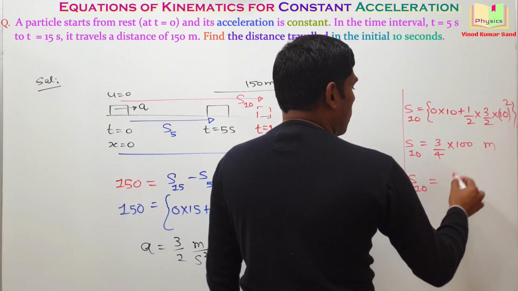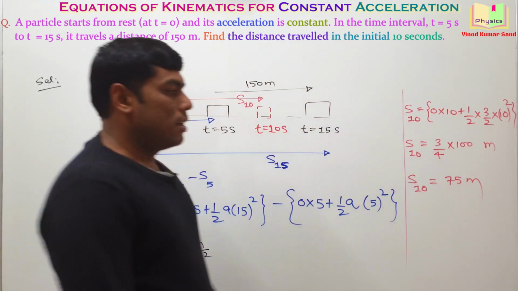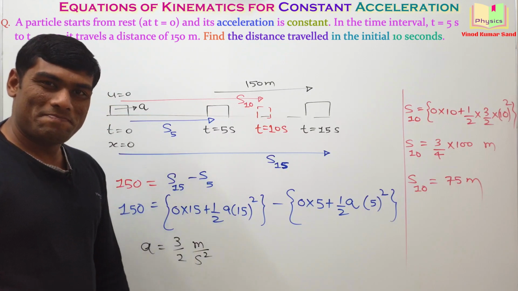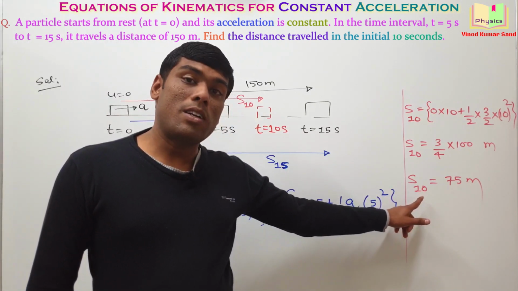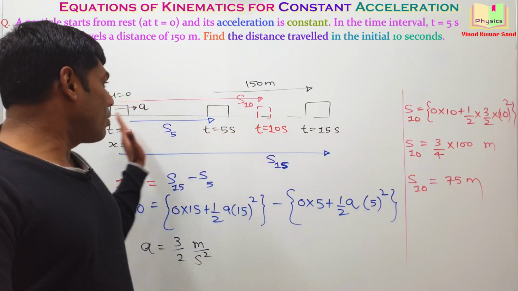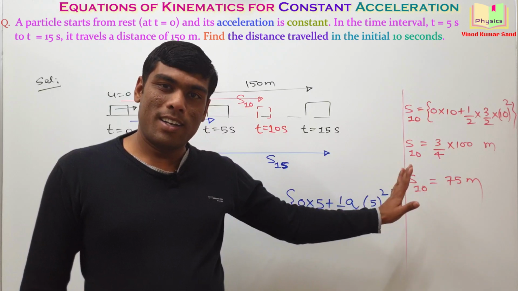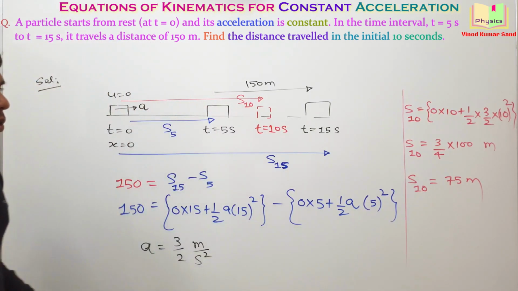So it will come out to be 75 meter. Simple answer. Okay. This S10 is what? The displacement or the distance traveled for the time interval t equal to 0 to 10 second. Okay, note it down, then we'll go further.